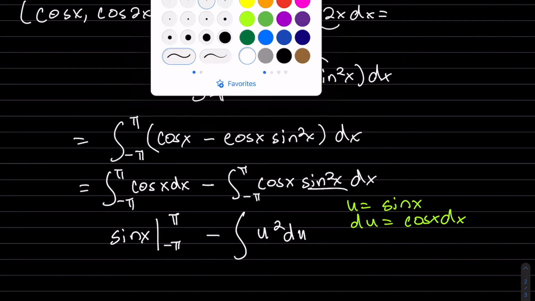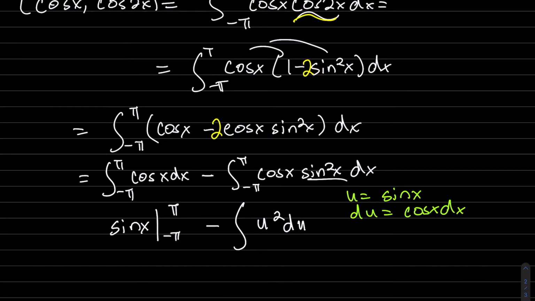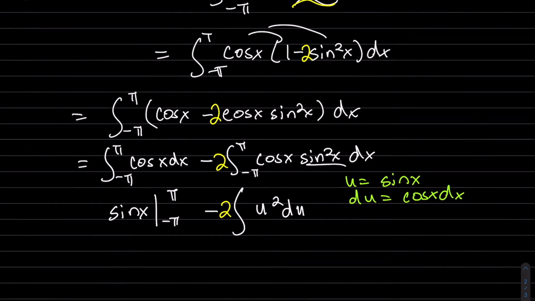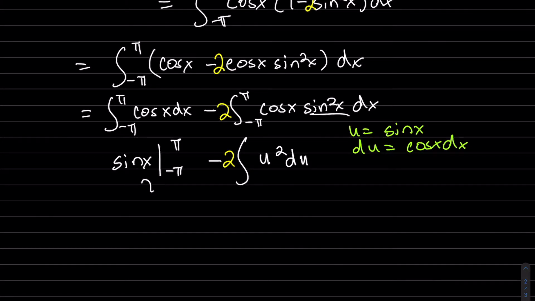Oh, I just realized I got this property wrong. This is 1 minus 2, that's the property of the double angle. So there's a 2 there, and a 2 there, and a 2 there. This is going to be sine of pi minus sine of negative pi. They're both 0, so this is 0.